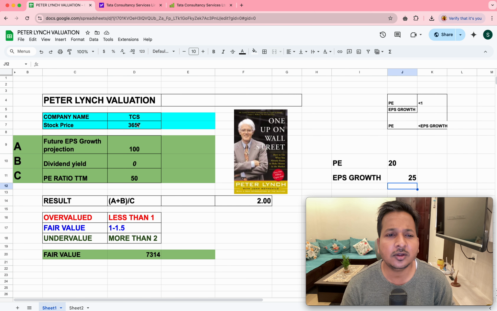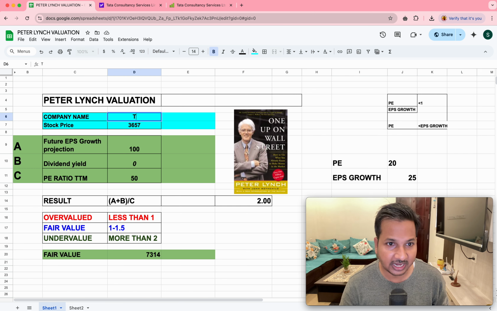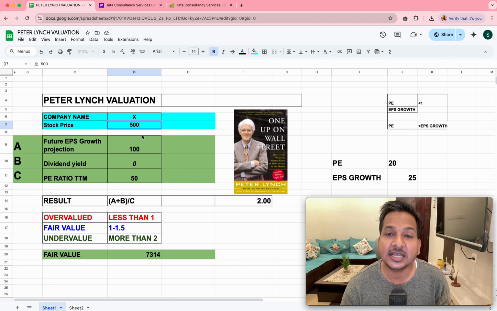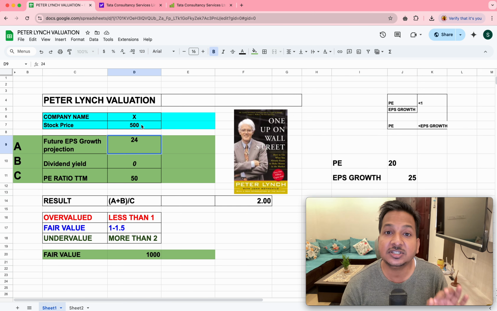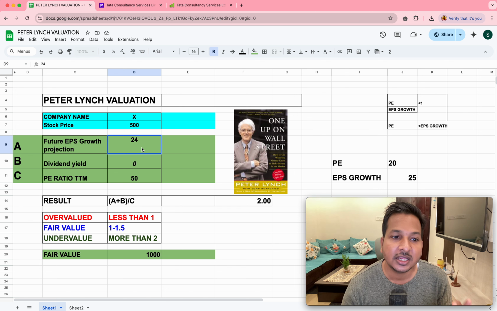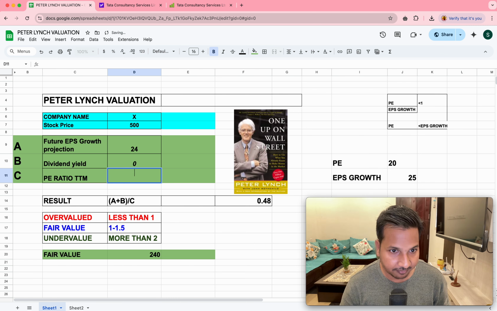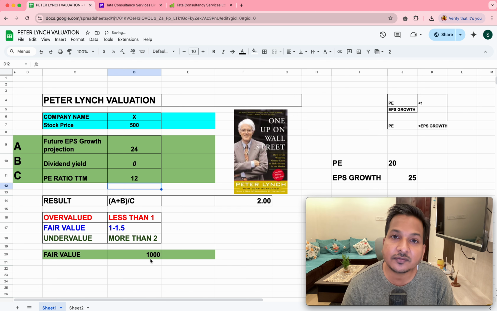Any stock, remove this TCS, any stock X, if it is at a price of 500 and its future growth projection is 24%. One finance company I bought recently was trading at 500, its future EPS growth was 24, but the stock was available at a P/E of 12, so its fair value was 1000.